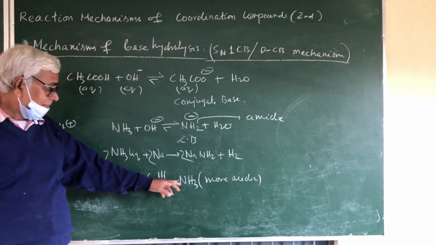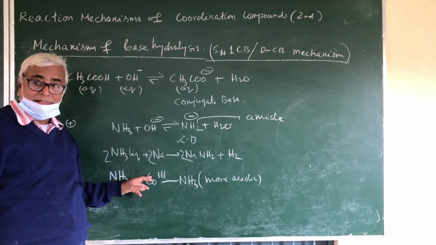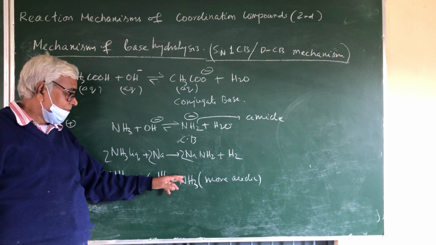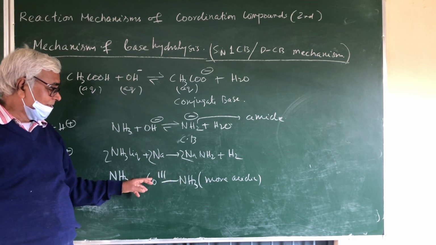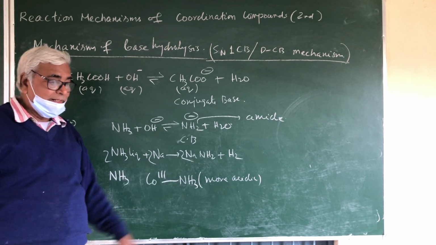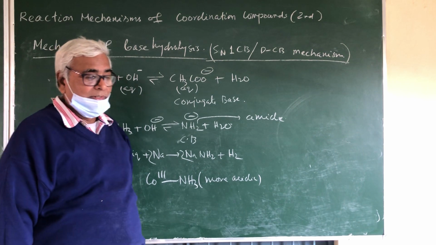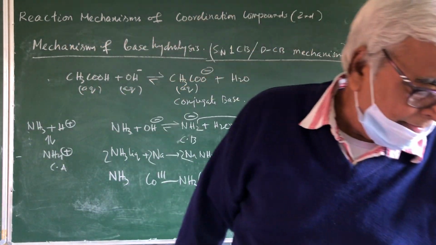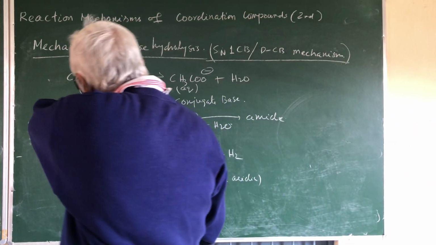Why? Because the ammonia is now coordinated to the cobalt 3 center. So electron flow is taking place from the nitrogen center to the cobalt 3 center. So the acidic nature of the NH proton will increase. Therefore, coordinated ammonia will be more acidic than ammonia itself.